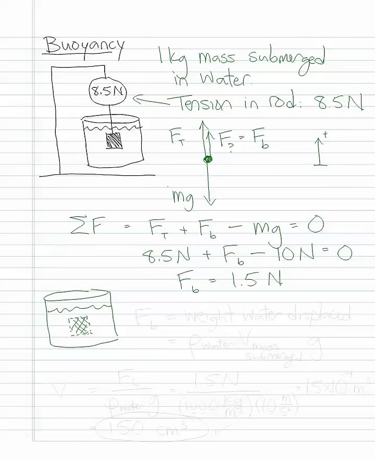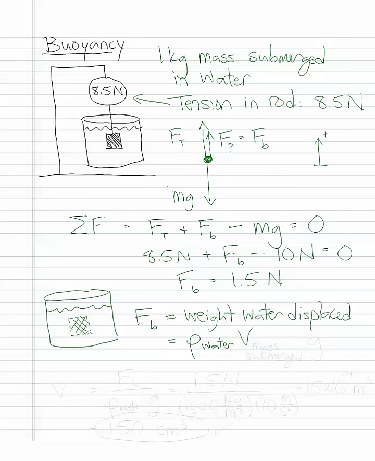So what we realize is that the buoyant force has to be equal to the weight of the water displaced. In other words, it has to be equal to the weight of water that is the same volume as the thing that's submerged.